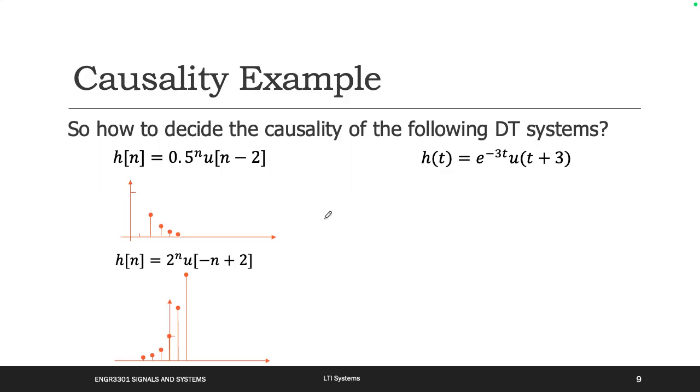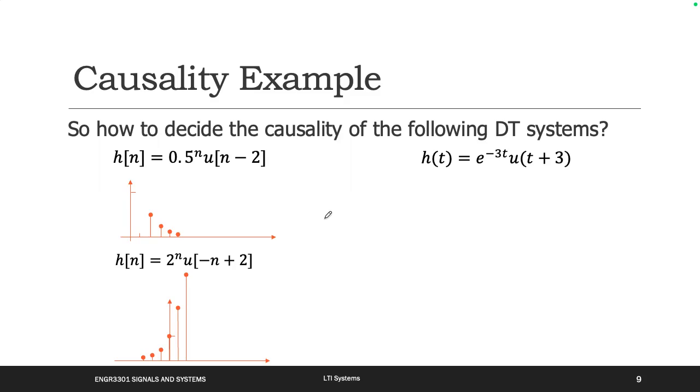How about this one? Just try to find what's your T. What's your T's range? For this one, u[t minus 3], which means t plus 3 is greater or equal than 0, am I right? Your t is greater or equal than negative 3.